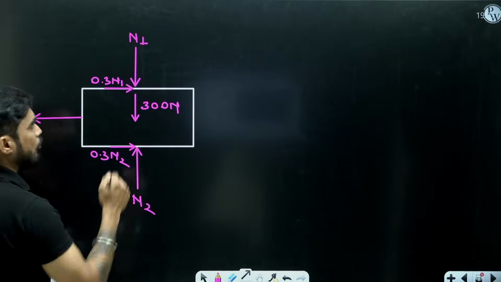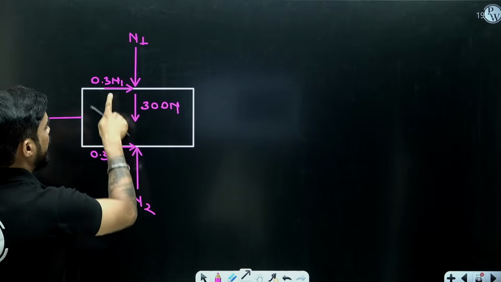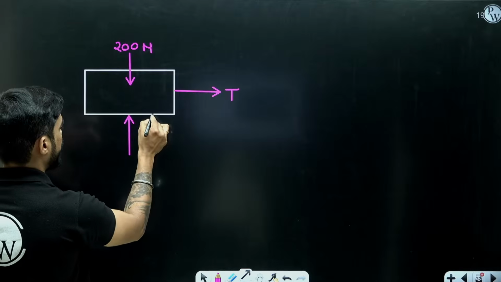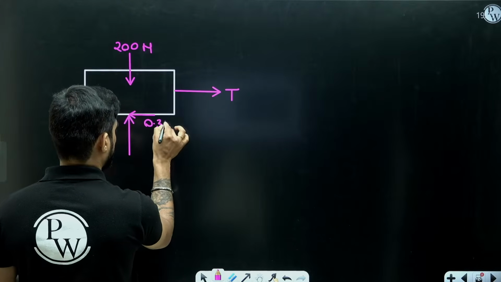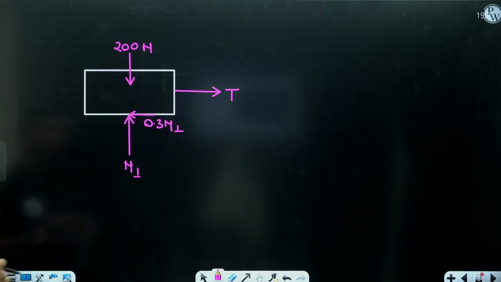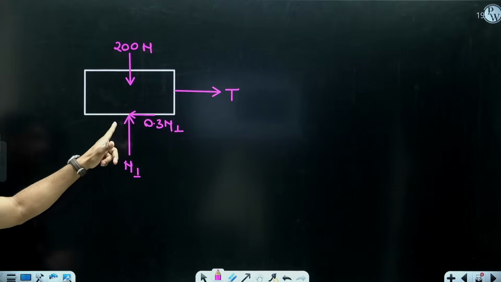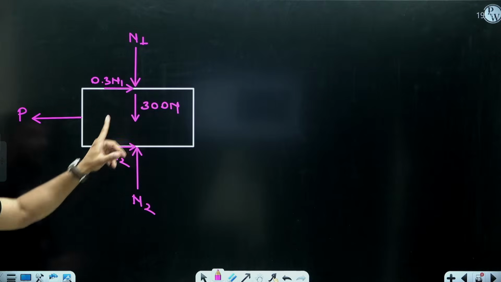If it is downward here, it will be upward here. And 0.3 N1, if it is towards right here, it will be towards left here. See, this N1 and mu N1 should be acting equal and opposite between the 20 kg block and the 30 kg block.